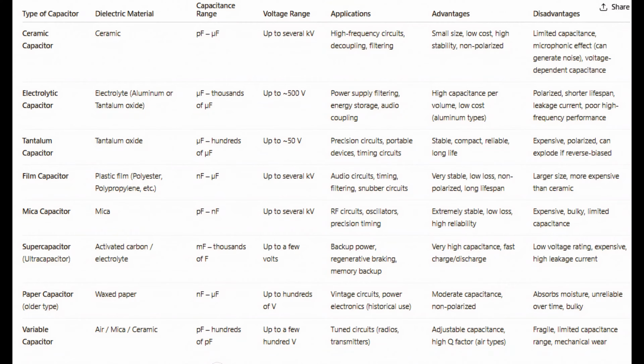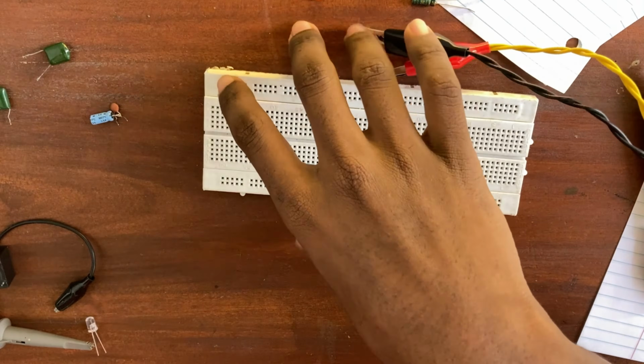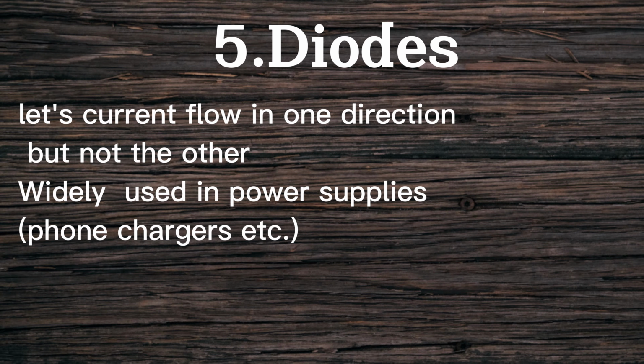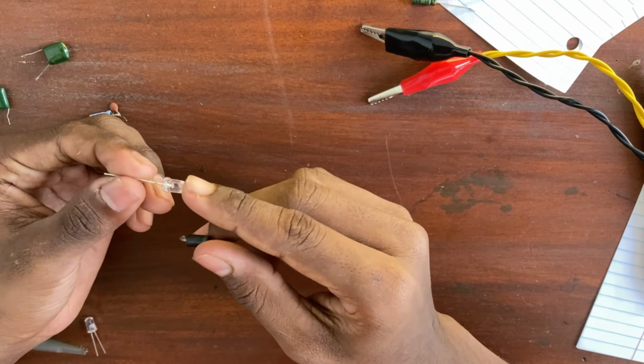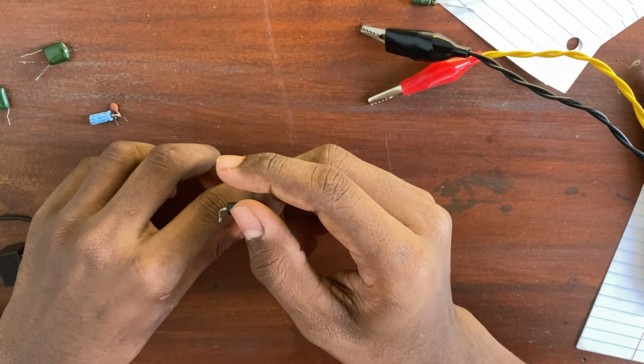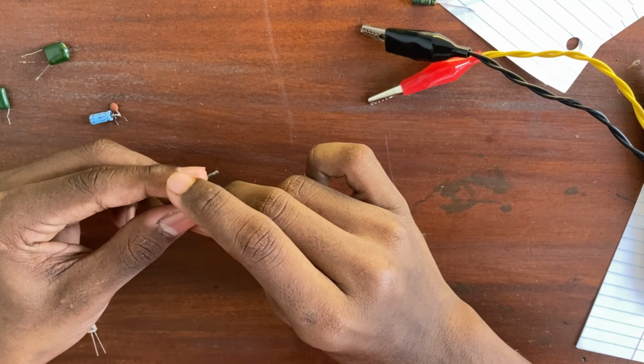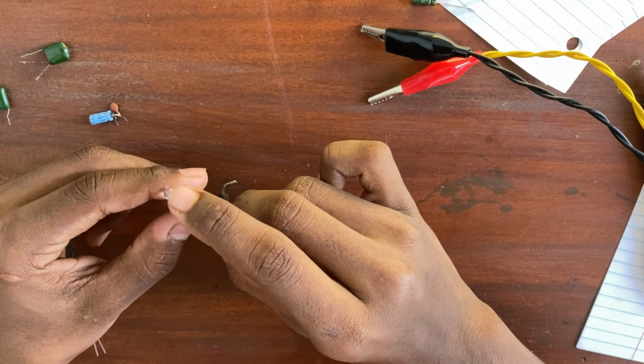So now let's get to diodes. LED is also a diode, which means current and voltage flow in one direction.